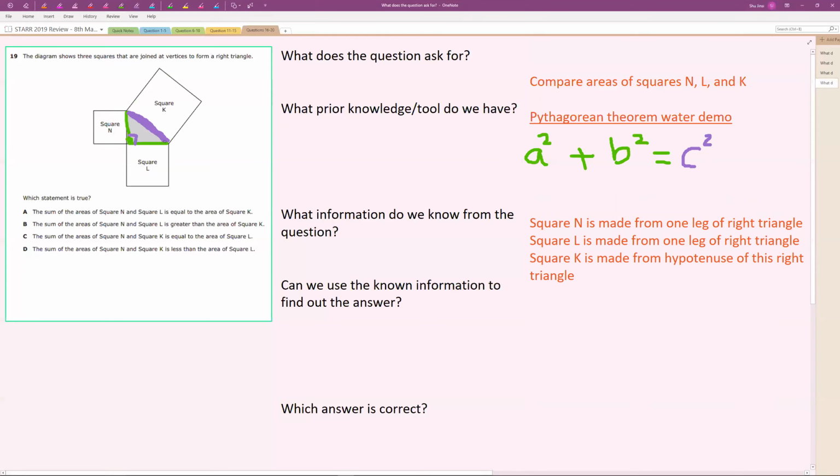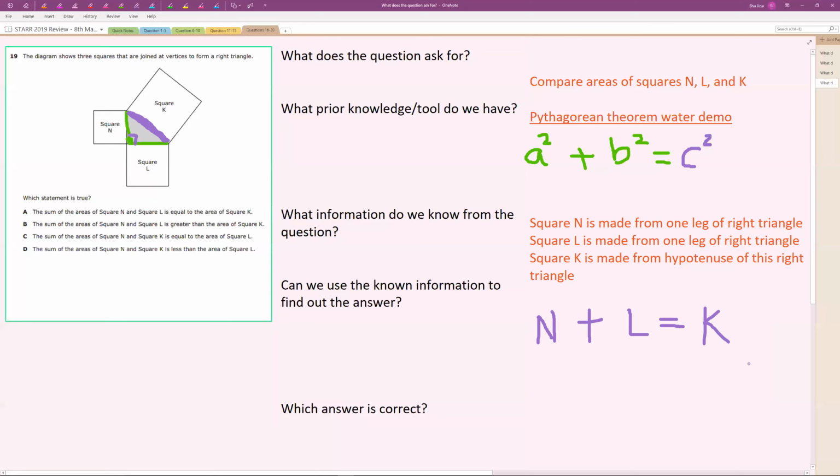Based on the Pythagorean theorem, the two squares made from the legs, N and L, when they add up, are equal to the square made from the hypotenuse, that's K. That's what the Pythagorean theorem tells us.